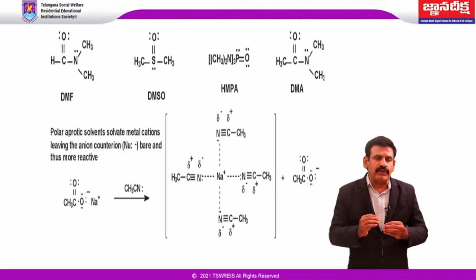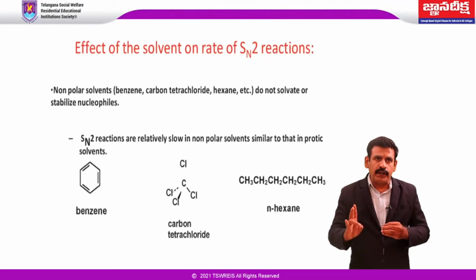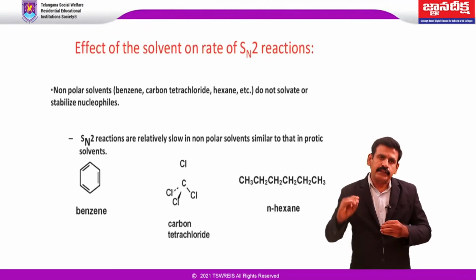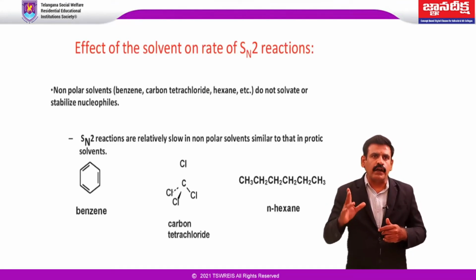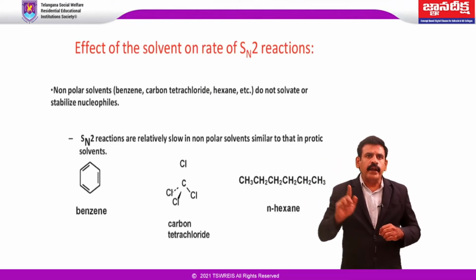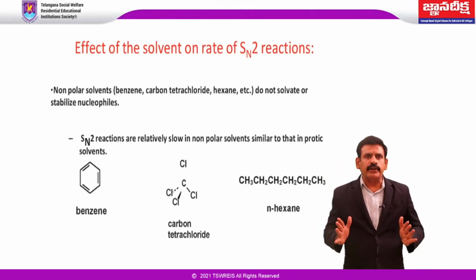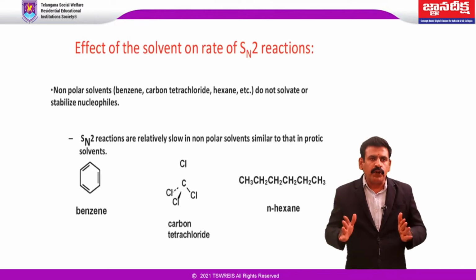Effect of the solvent on the rate of SN2 reactions. Non-polar solvents like benzene, carbon tetrachloride, hexane, and cyclohexane do not solvate or stabilize nucleophiles. So SN2 reactions are relatively slow in non-polar solvents, similar to protic solvents.